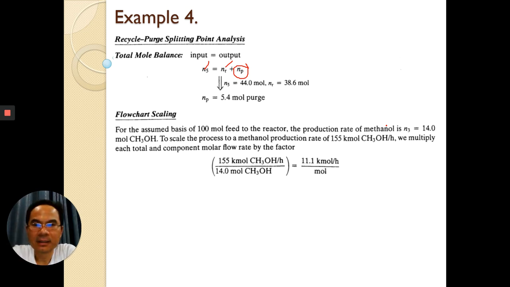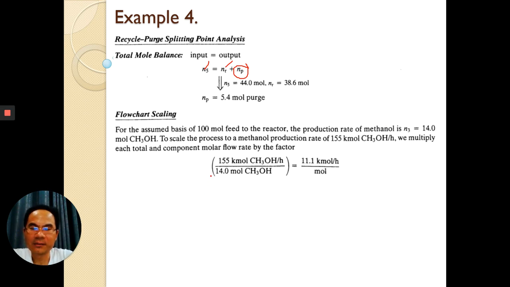to reactor. And then you have to scale to the production rate of methanol, because in this process we will calculate based on a production rate of 155 kilomole methanol per hour. For this case, you multiply the total and component molar flow rates by a factor.